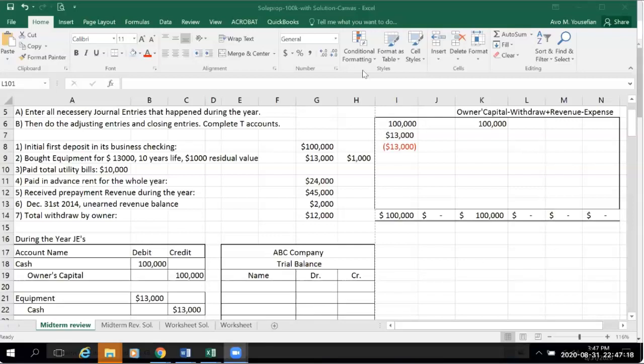Wasn't capital $100,000 because we put $100,000 cash in though? Yes. So your capital has been increased. Now because of that capital, you have $100,000 cash in here.